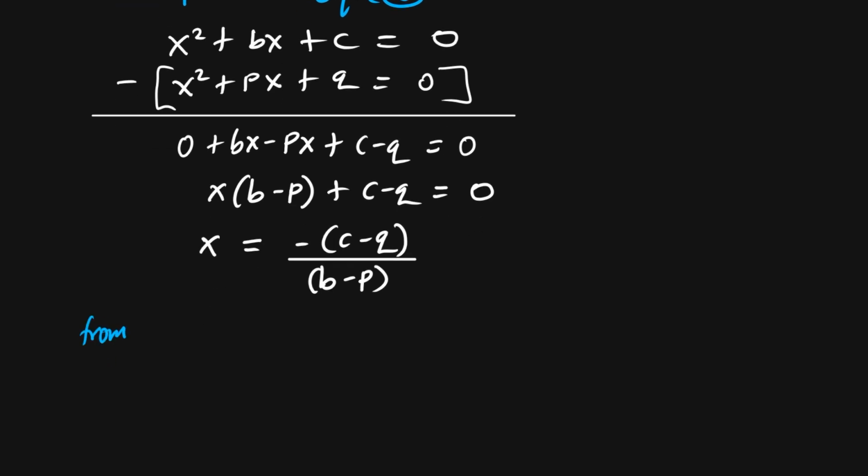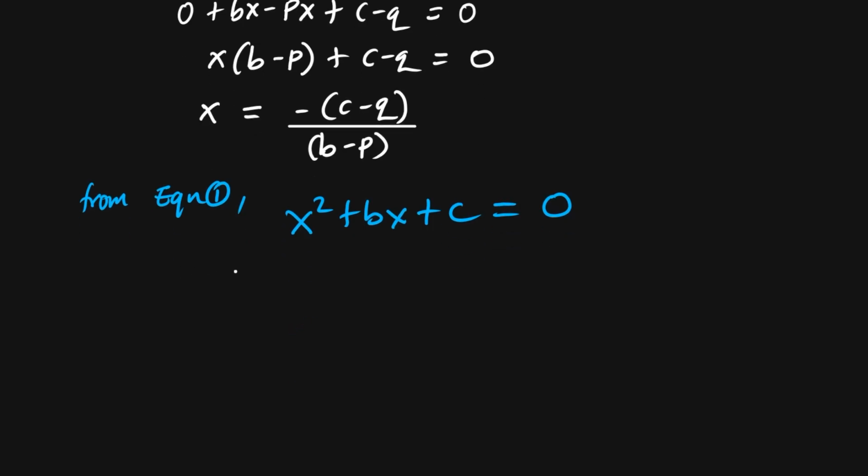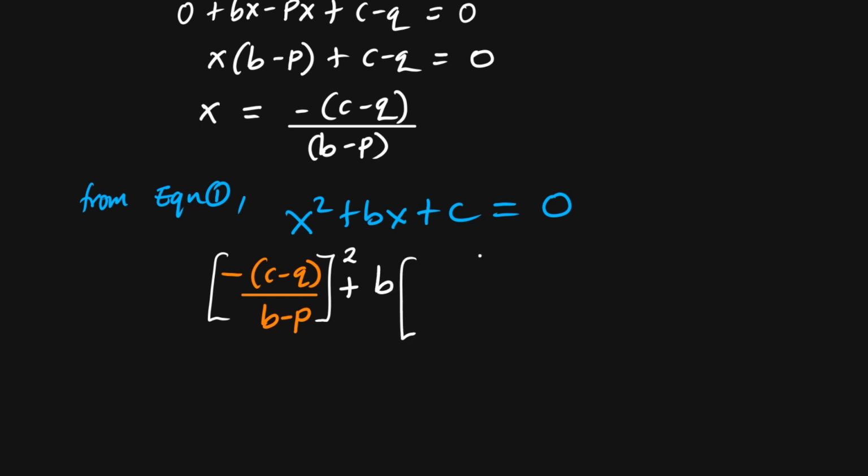So from equation 1, x squared plus bx plus c equals 0. On substitution, this will become negative (c minus q) all over (b minus p), the whole of this squared, plus b into negative (c minus q) divided by (b minus p), plus c equals 0.